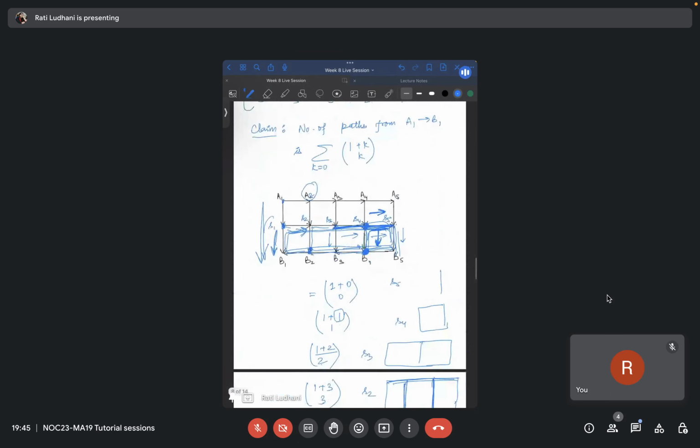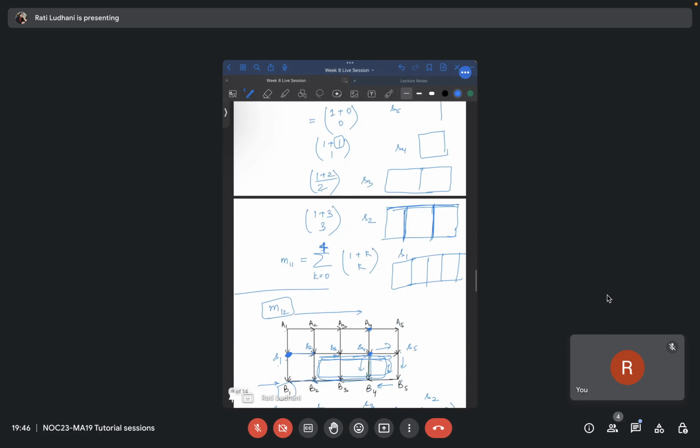When you want to write A2 to B3, let's see what we have. When you start at A2, you can go to A3, and I'll do the same thing, this part, and coming to B3. So you have this 1 plus 0 choose 0, plus... is that clear, or should I make another?